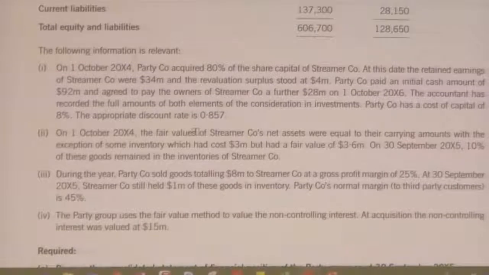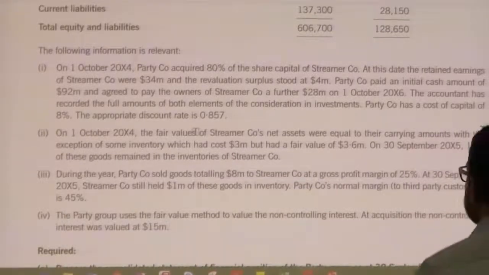Right, fine. So then the accountant has recorded, fine, we read it, and the appropriate discount factor 0.857. On 1st October 2014, the fair value of Srima company net assets were equal to their carrying amount. Right?